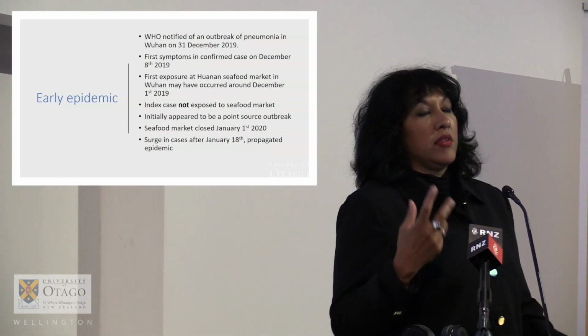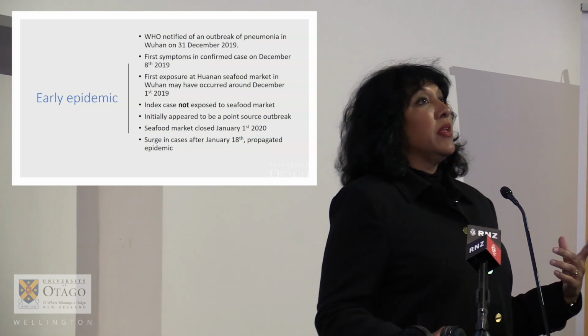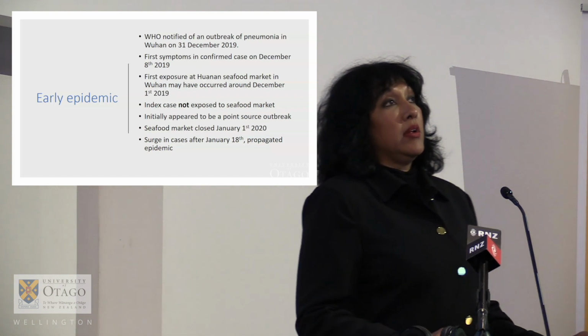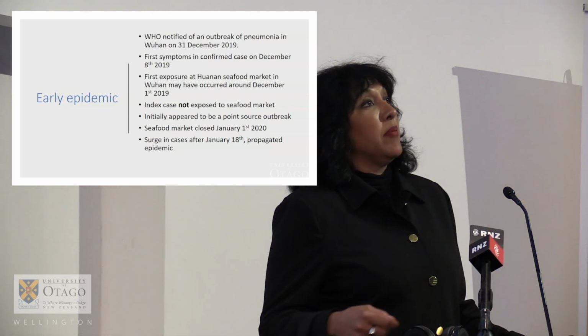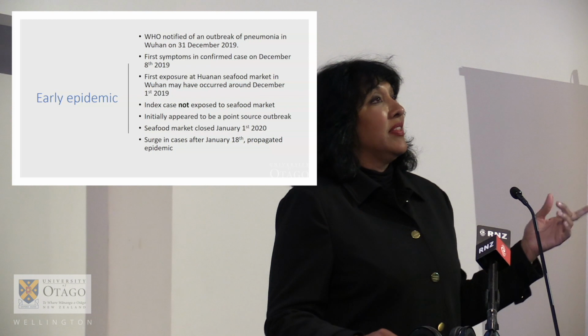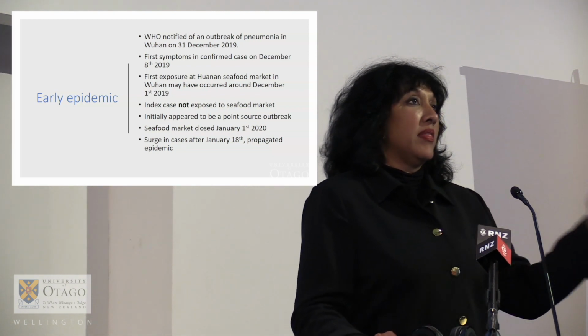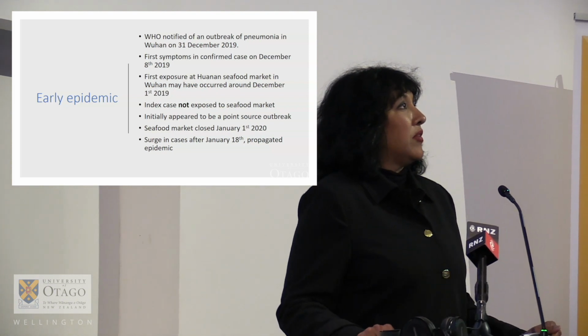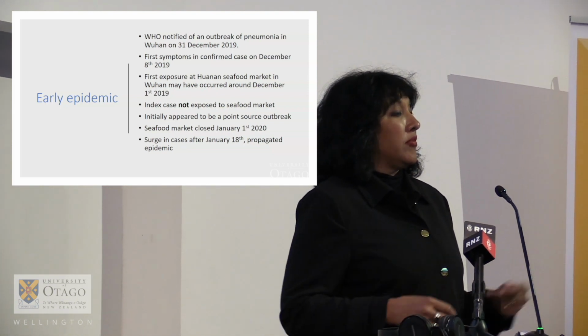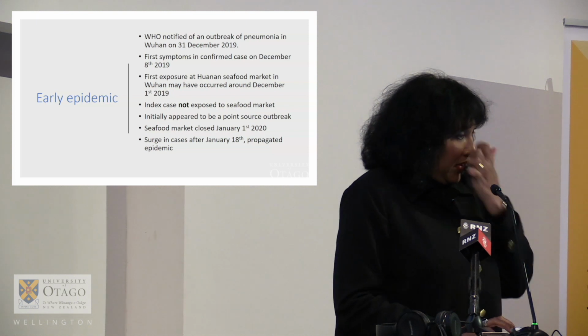But the Chinese have this amazing surveillance system to pick up severe acute respiratory illness signals through emergency departments, and they picked up a signal that something was happening in Wuhan. So when the China CDC came to investigate, they realised something serious was going on, and fairly soon after they notified the WHO.